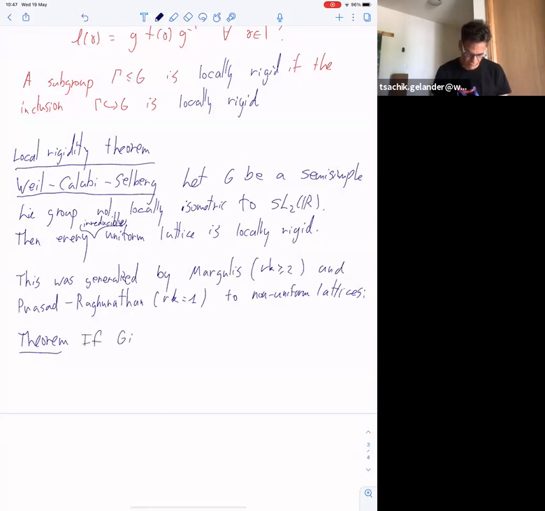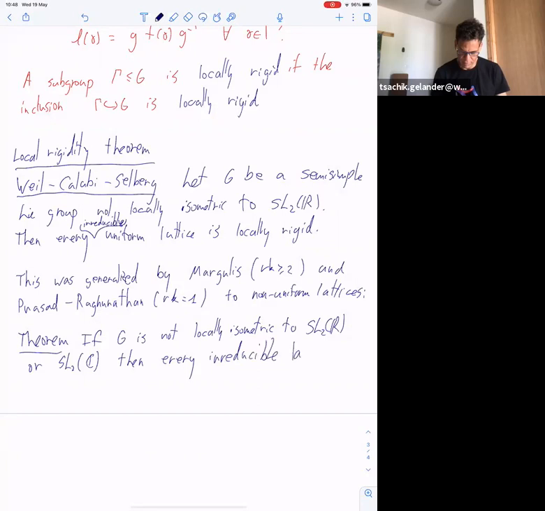If G is not locally isometric to SL2R or SL2C, then every irreducible lattice is locally rigid.